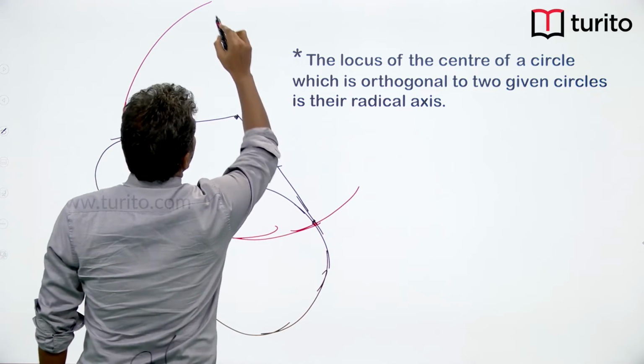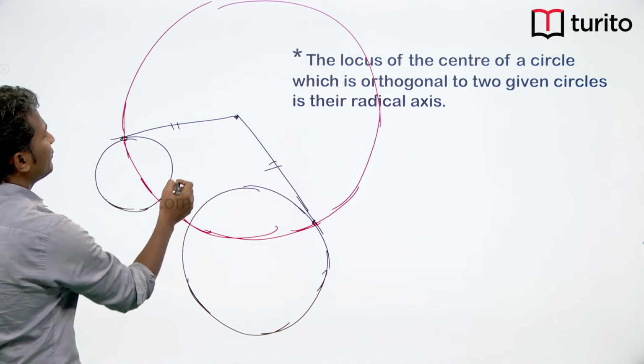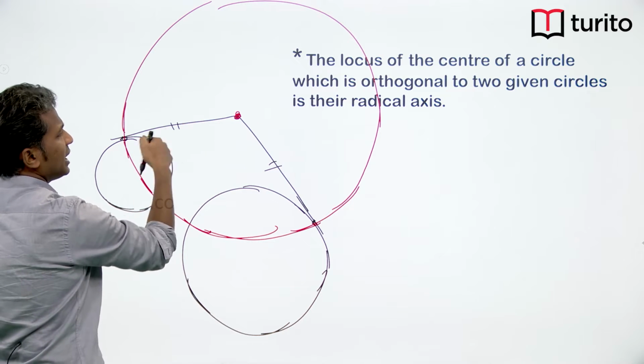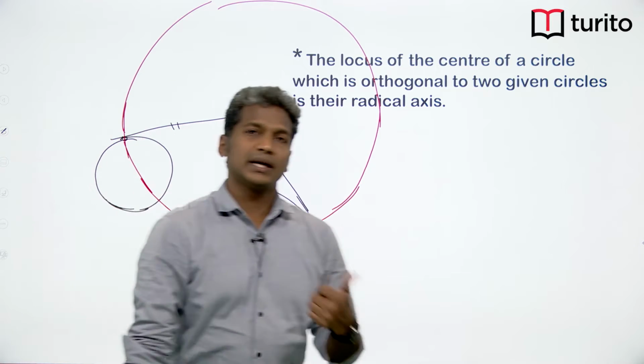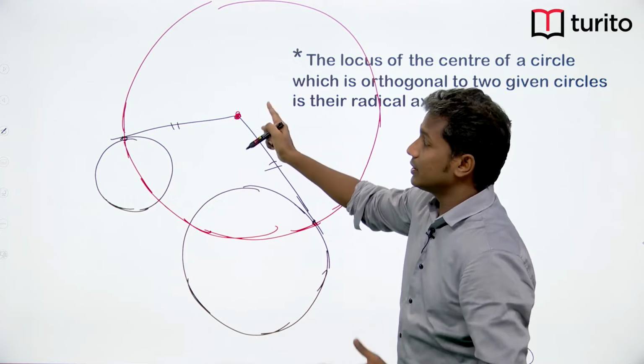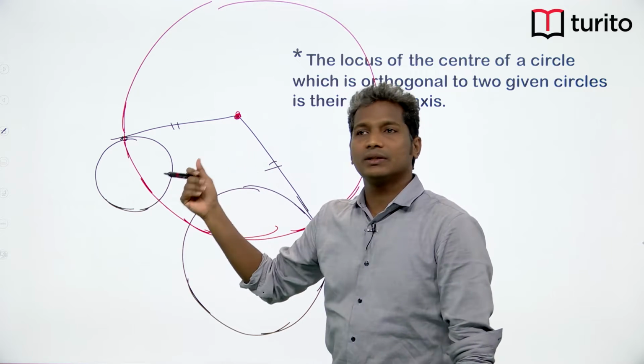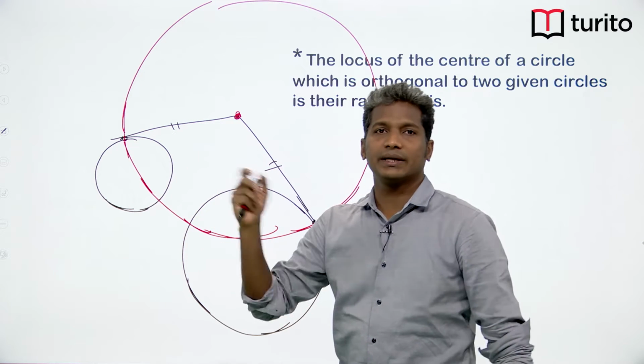So, we may get a bigger circle like this. Now, you see that I have taken the point as the center and this length of the tangent as the radius. Because I have taken the point on the radical axis, these two lengths must be equal. So, that is why I have taken this as the radius.